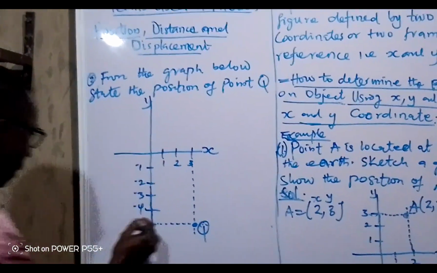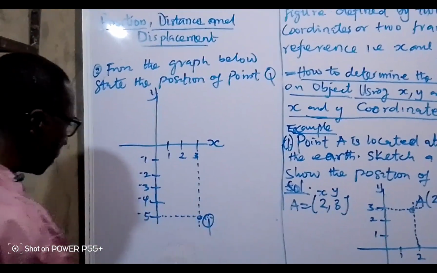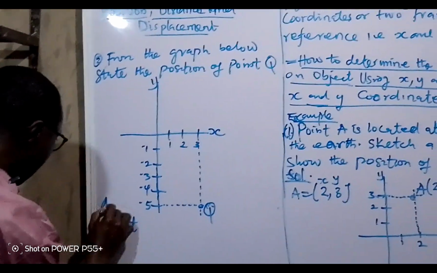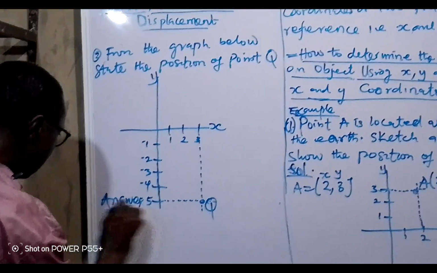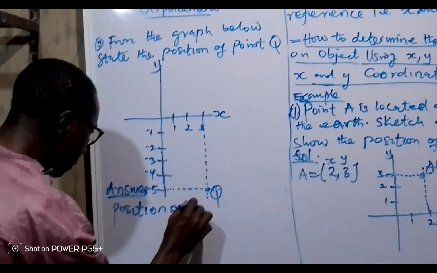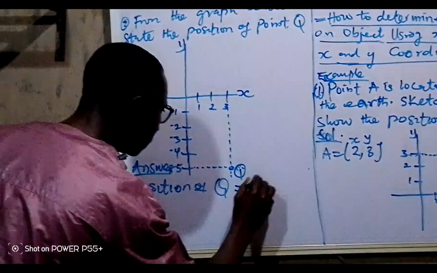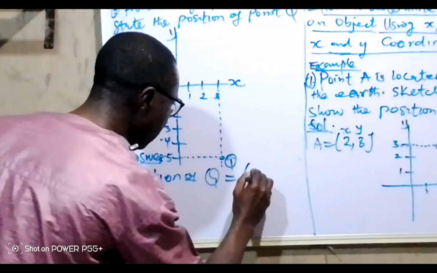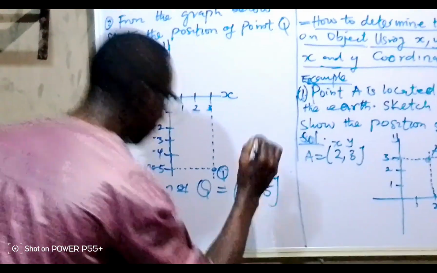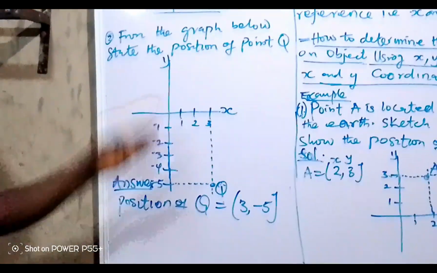So if you trace this point Q, the position of Q will be, write X first, (3, -5). That's the position of point Q. That's the answer to that one.